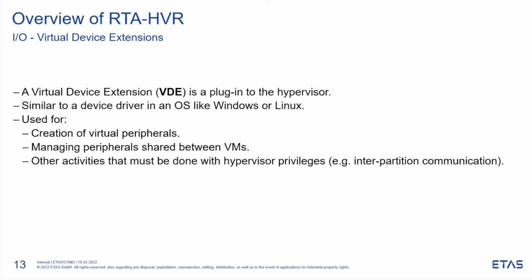So we can create virtual peripherals, we can manage peripherals that have to be shared between virtual machines, and it also allows for other activities that have to be done with hypervisor privileges. So a system management device might exist where you may want to have a VDE that has the ability to shut down VMs or restart VMs, or to perform other things that would not normally be possible from within a virtual machine.